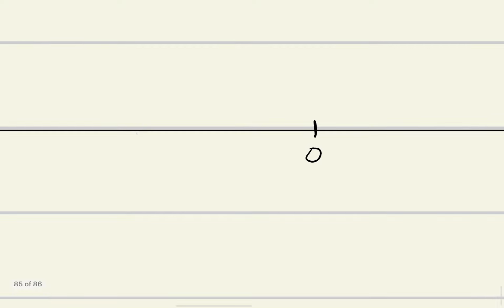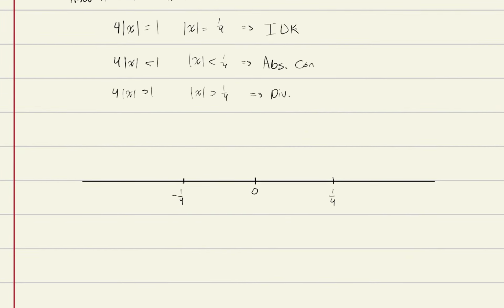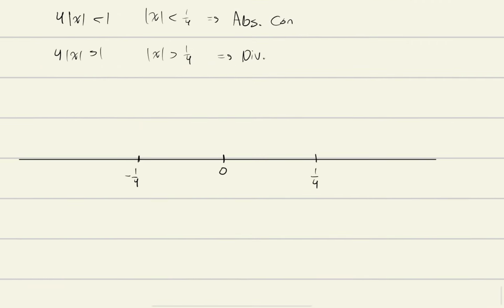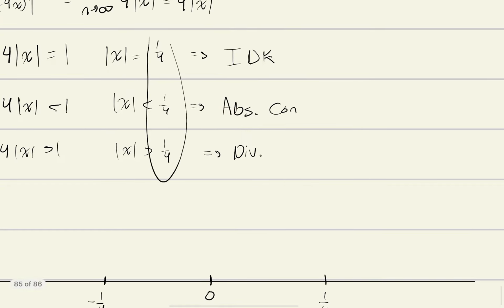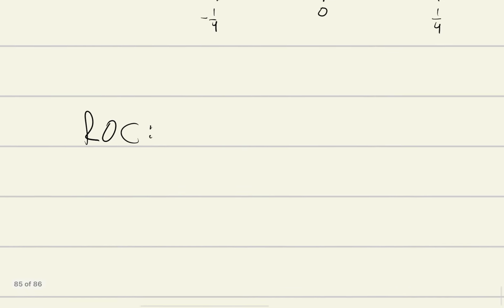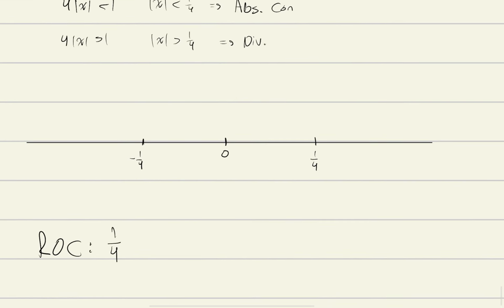We can say this is the point 0. This is -1/4. And this is 1/4. Since we know the radius of convergence, which we got from finding those, is equal to 1/4, we start at 0 and went both sides 1/4.